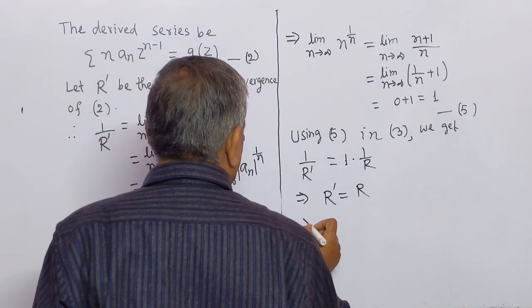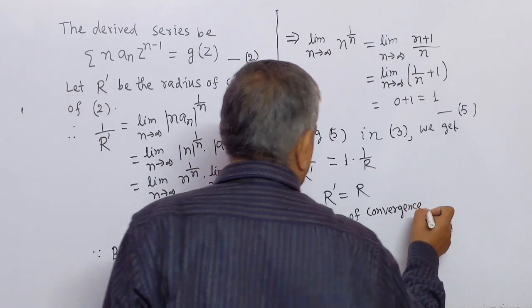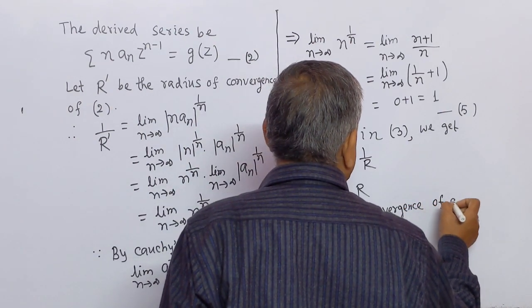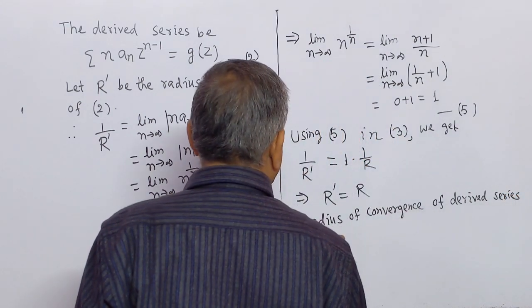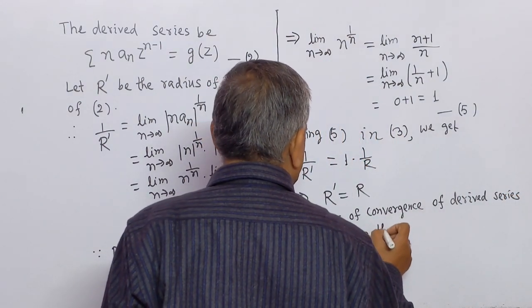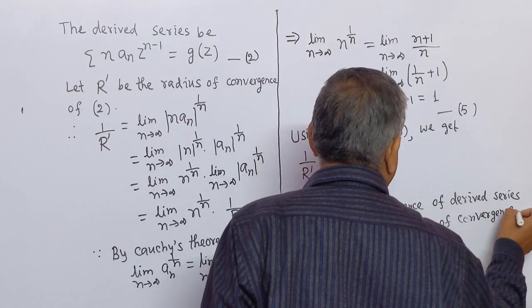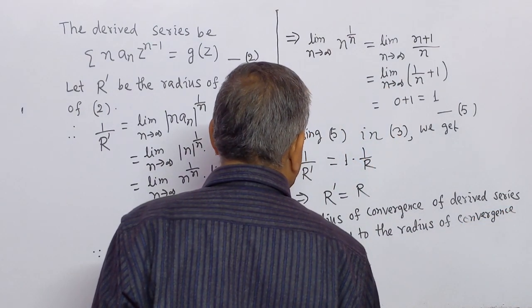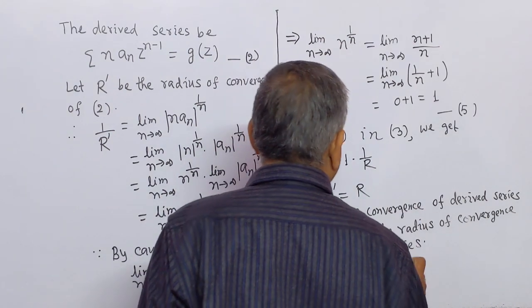Therefore, the radius of convergence of the derived series is equal to the radius of convergence of the original series. Proved.